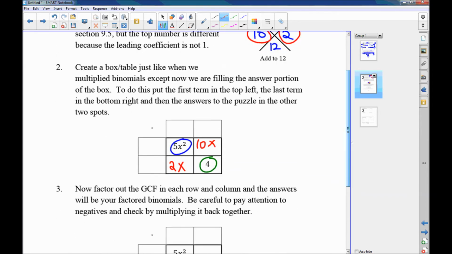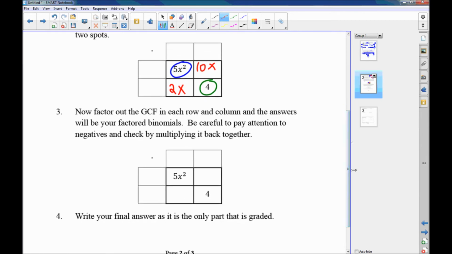We're just going to use our box to work backwards and find out what were the binomials that multiplied to make this box. Okay? So to get 5x squared and 10x together, we're just going to do some unfactoring here. Look at these two together and say, what is the GCF of 5x squared and 10x?